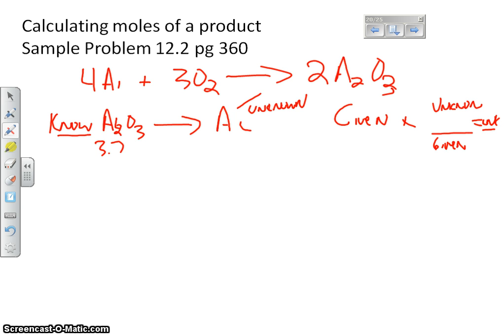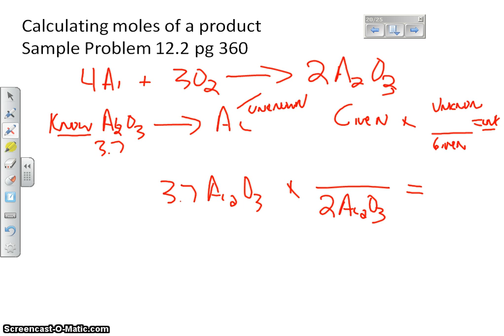Okay? So it becomes 3.7 Al2O3 times, equals, all right, so that's given right here. So what's the ratio of Al2O3? It is 2. So it's 2 Al2O3.